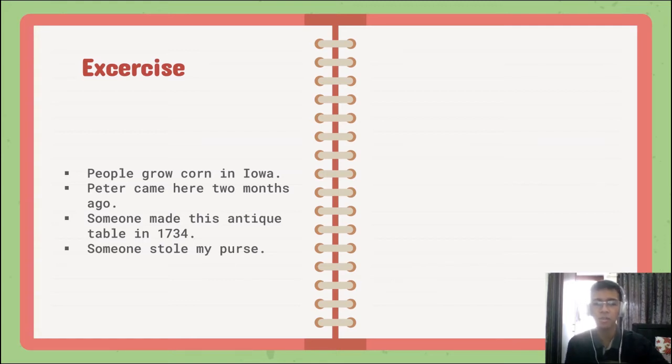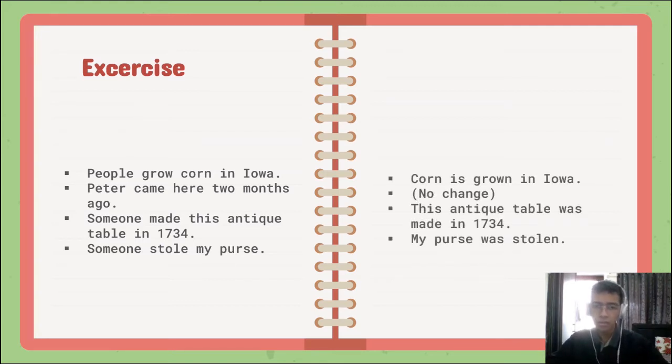The first one will become "Corn is grown in Iowa," but who grew the corn, we don't know. So hence we don't use the by phrase. The second one has no change, since it cannot be converted to the passive.